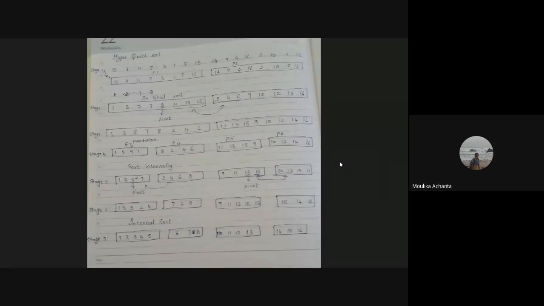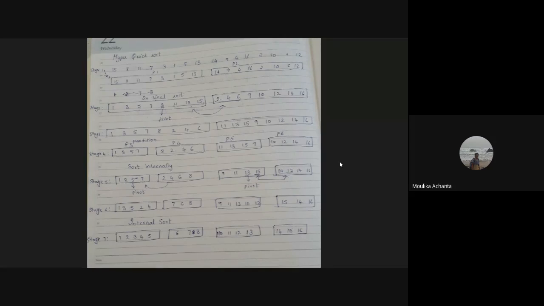I'll explain again. Initially, the given unordered list is divided into two equal sublists, P1 and P2. This is stage 1. In stage 2, we'll perform an internal sort on these two sublists, arranging in either ascending or descending order. Here we arranged in ascending order, and in stage 3 we take a pivot element in P1.